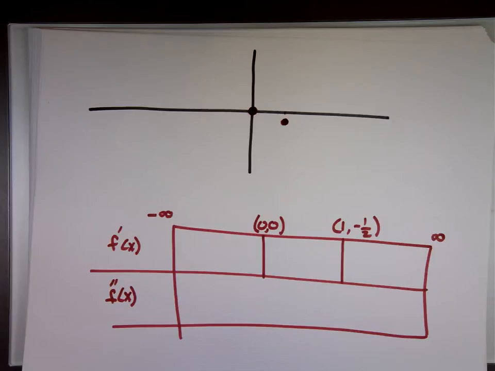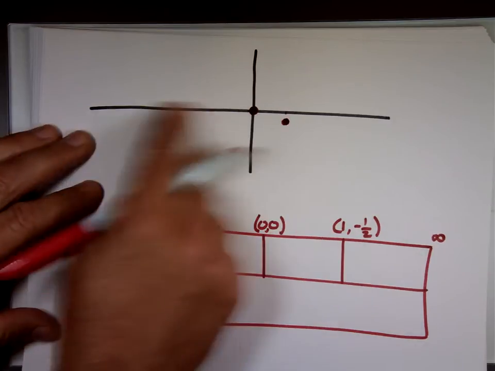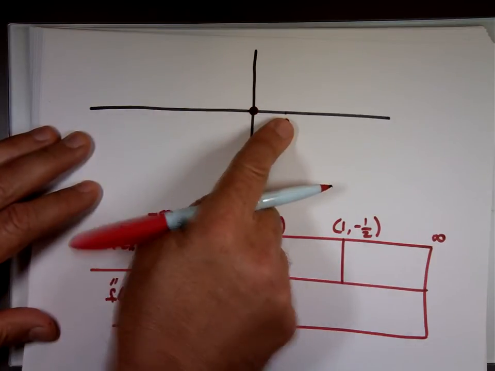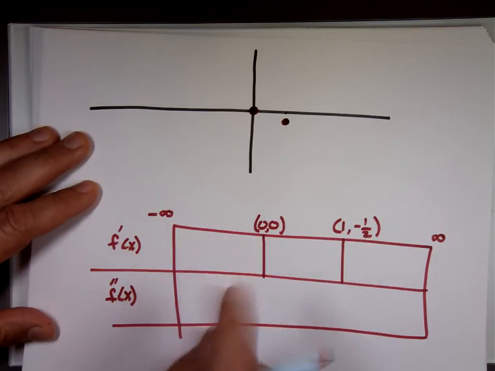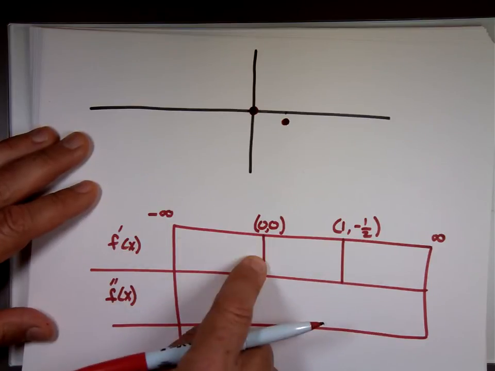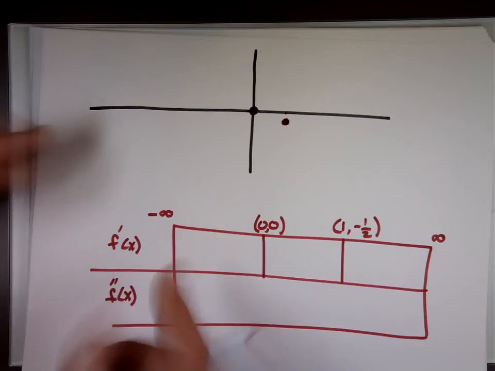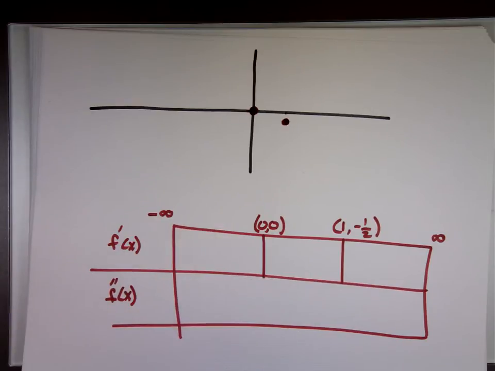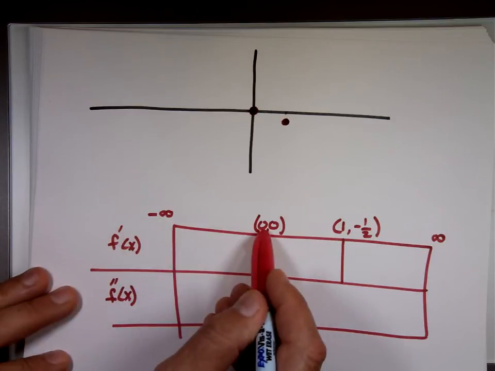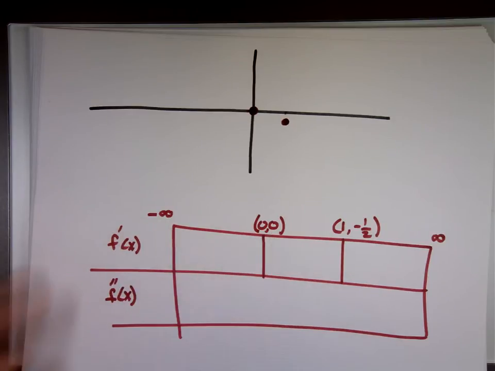Is the function increasing before this point, or between this point and that point? Since you get 3 segments now, during each segment the function is going to behave the same way. It's either going to be increasing, decreasing, or flat. So we're going to take a test point to see if it's increasing or decreasing. What number should you use? You can pick any number between minus infinity and 0, but use reasonable numbers.